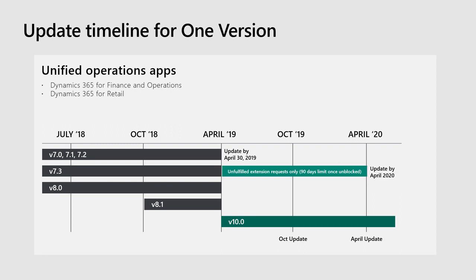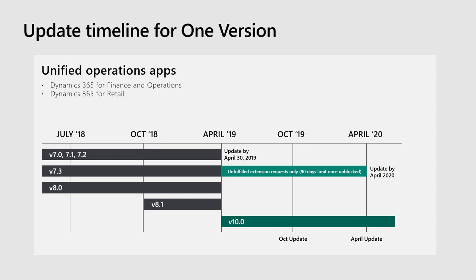So this is how the update timeline for one version looks. So you can see that we are somewhere in between April and October 2019 right now. And the idea was to make sure that most of our customers are on V10. The only other customers that we should be having on Dynamics 365 FinOps or Finance and Operations should be 7.3. Those are customers who have open extensibility requests with Microsoft.